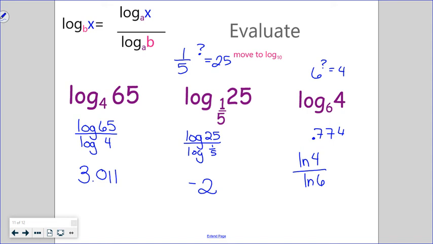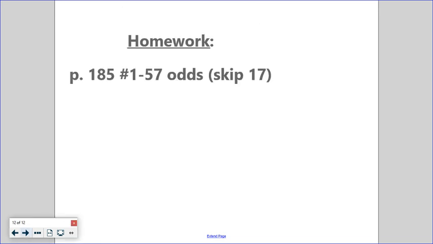Yeah. It doesn't matter what you change the base to. Now, we would probably only pick log base 10 or log base e, natural log, but you really can change it to anything. It will always give us the same answer. Any questions on that? Okay. Your assignment is on page 185, 1 through 57 odds, skipping number 17.